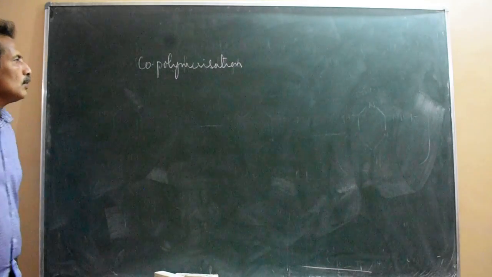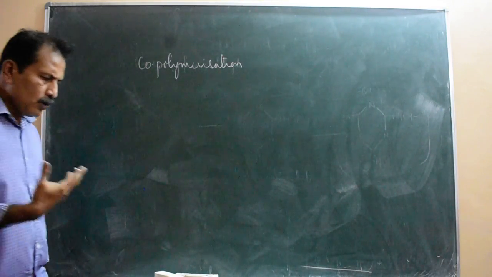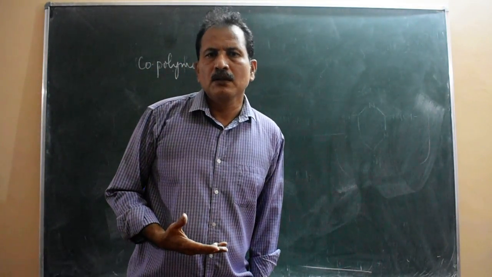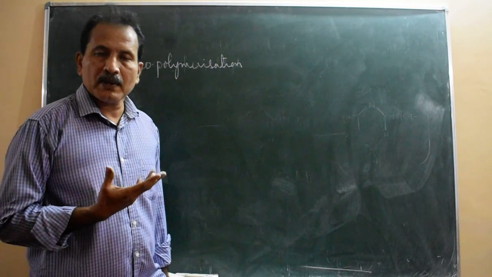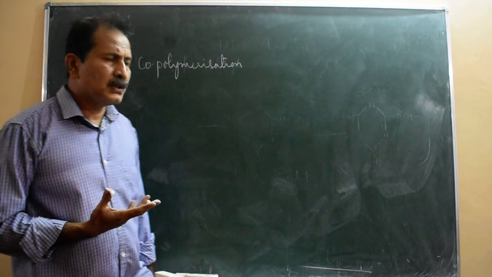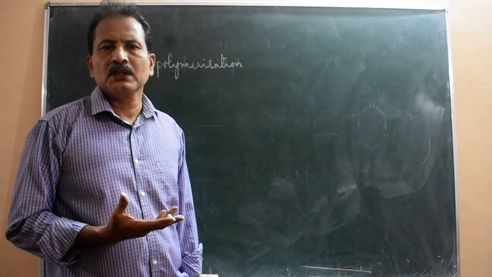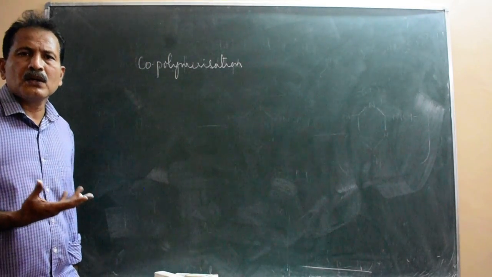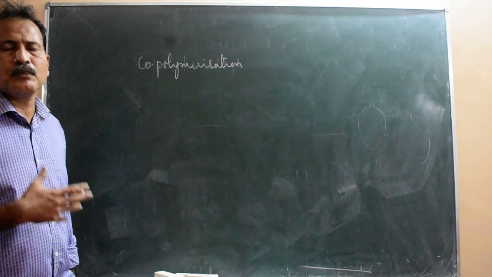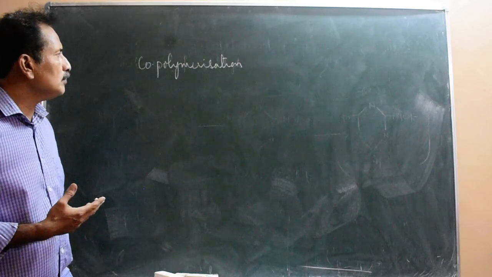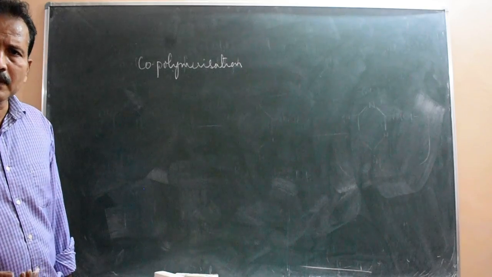This is copolymerization. Now, copolymerization is a polymerization reaction in which a mixture of different monomeric species are made to undergo polymerization to produce a copolymer.